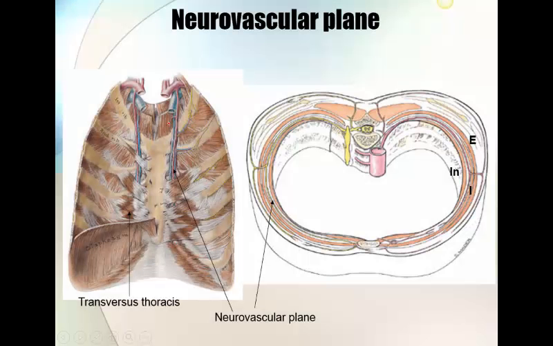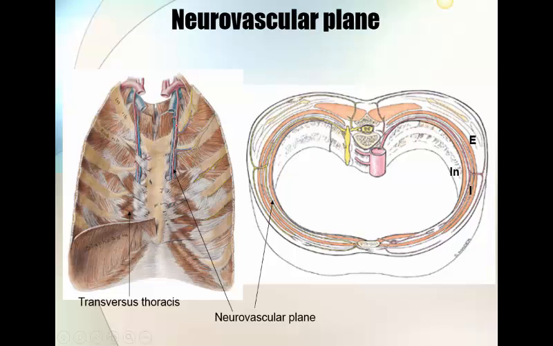Here this is showing you a dissection of the thoracic cage, and the front portion has been removed and you're looking at it from the posterior aspect. So notice up here, here is the transversus thoracis muscle, and more superficial to it is the internal intercostal, and between these, because this is the innermost layer, you can see the neurovascular plane.